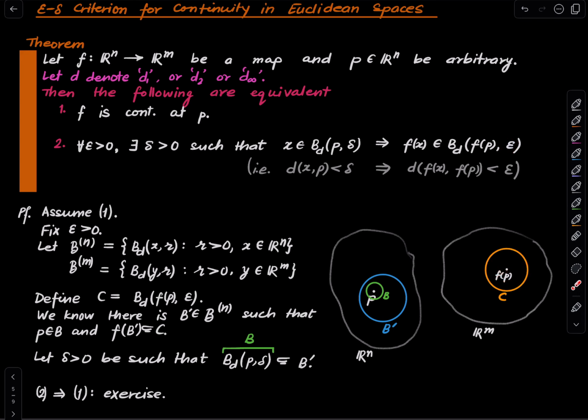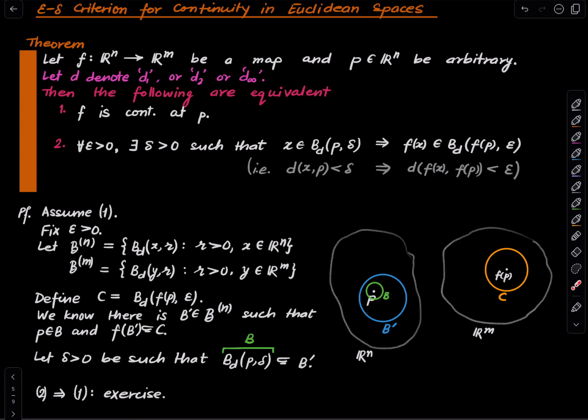And you're asking, is there a small enough delta such that if you choose points delta near to p, you always map epsilon near to f(p). So points which are sufficiently near to p map to points which are near to f of p. And that's exactly what we said continuity is all about. Sufficiently nearby points map to nearby points.